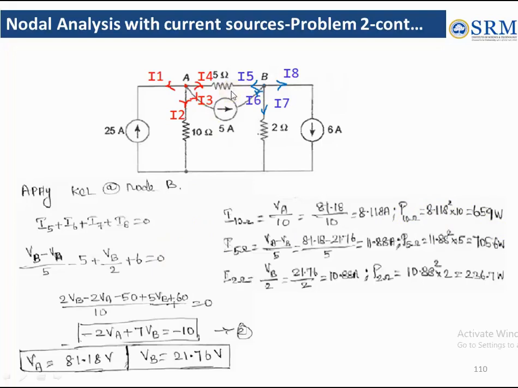Similarly, I5 is nothing but VA minus VB by 5, and applying that we get the power across the 5 ohm resistor. Then to find the current across the 2 ohm resistor, it is VB by 2. So we get the current value, and from that the power across the 2 ohm resistor we can find.